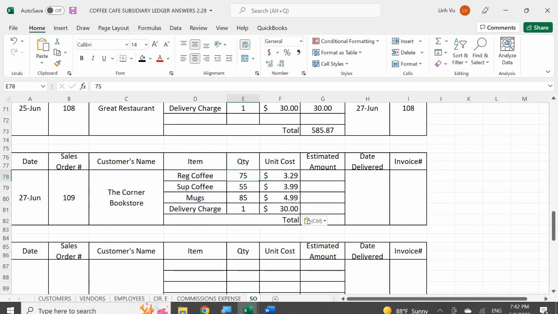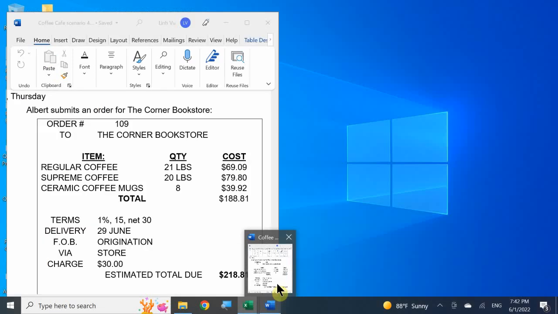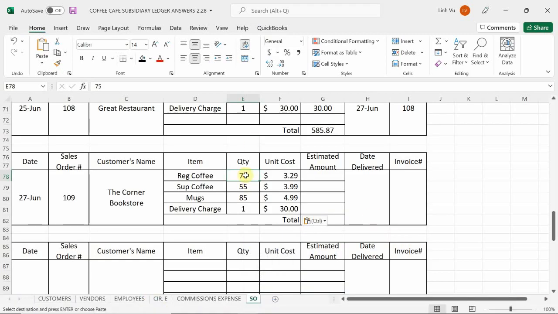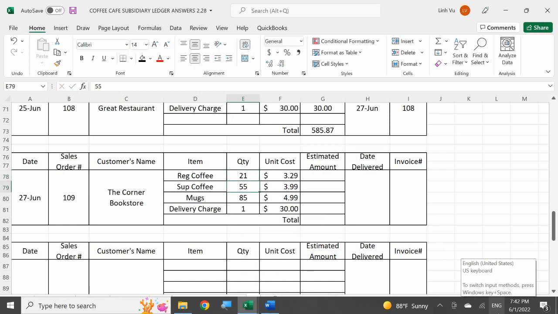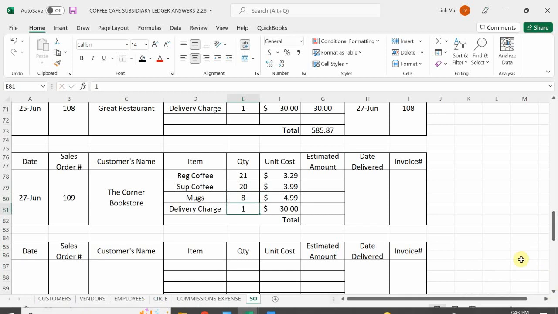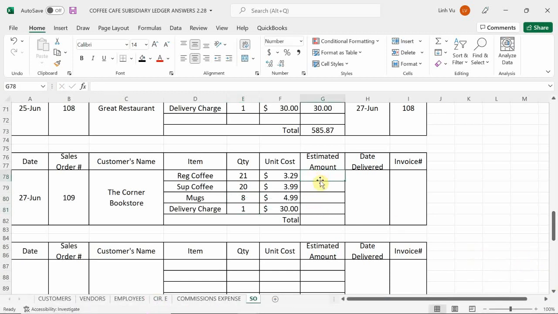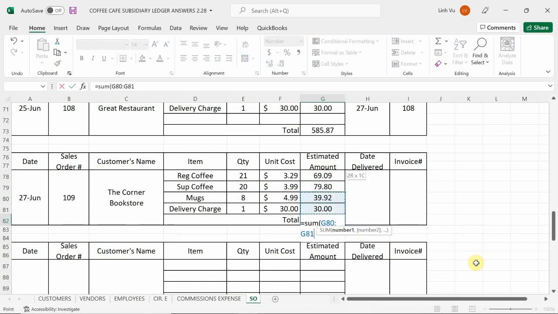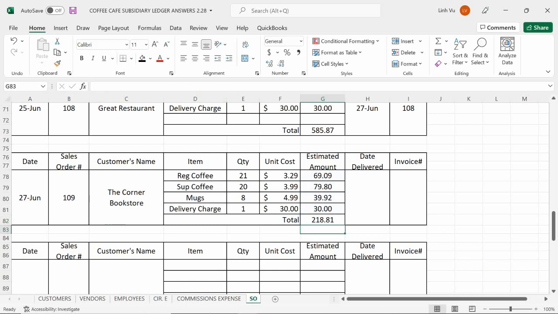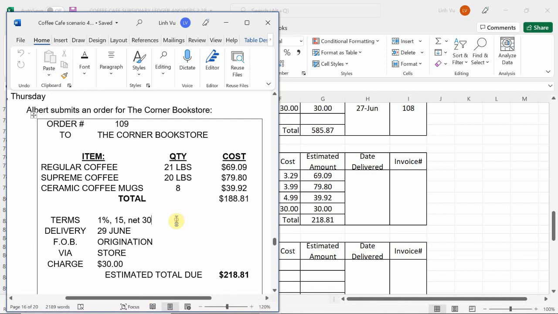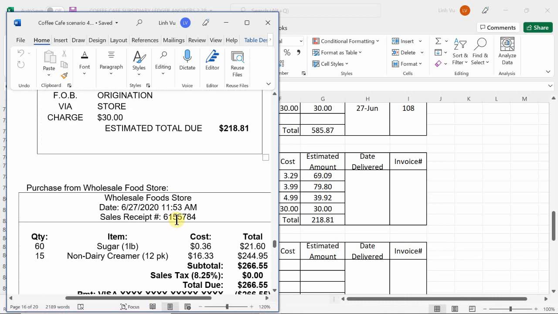They wanted to buy 21 pounds of the regular coffee, 20 pounds of the Supreme coffee, and 8 coffee mugs. Okay, so let's calculate these amounts here. Okay, so that means in grand total, the invoice is going to be for $218.81. Okay, so we submitted the sales order for the corner bookstore.